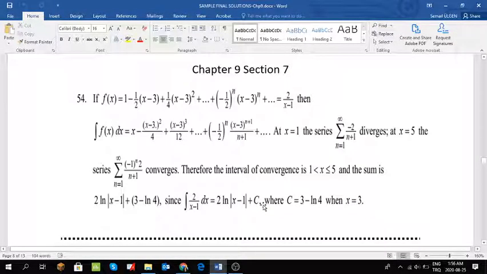And c can be found by plugging in x equals 3, because when you plug in x equals 3, this vanishes and 3 stays the same, and it's equal to this plus c. So from here, putting x equals 3, we have 2 ln 2, and c is equal to 3 minus ln 4. We got that, and this is the value.